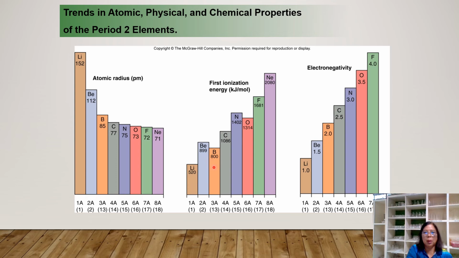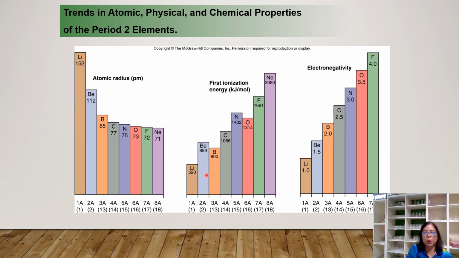And then it goes down when it reaches boron. And then up again for carbon and then nitrogen. And then down again in oxygen, fluorine going up, and neon going up.